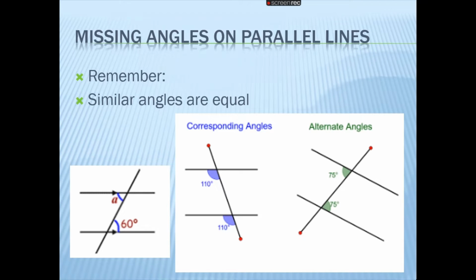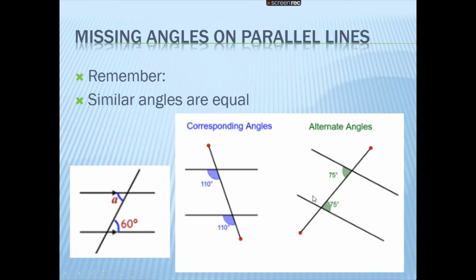Now, this is similar, but these are using parallel lines, where a line goes across parallel lines. There are two ways to look at this one. You could imagine that it's across here, so this must be 110 degrees. Then I could find these two missing angles by doing 110 plus 110, subtracting that from 360, and then dividing that by 2 to get this angle here.